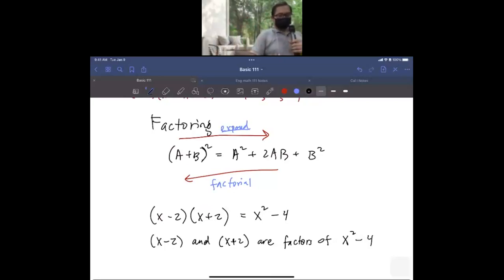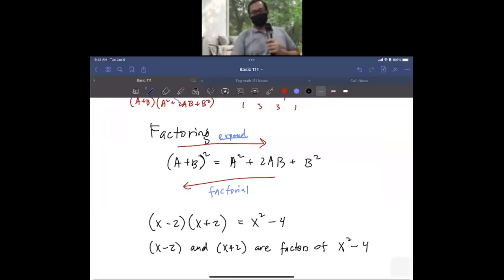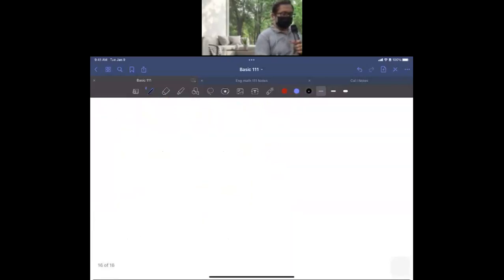Now to find these factors, there are several steps. First thing is common factors. It is just a regular equation.